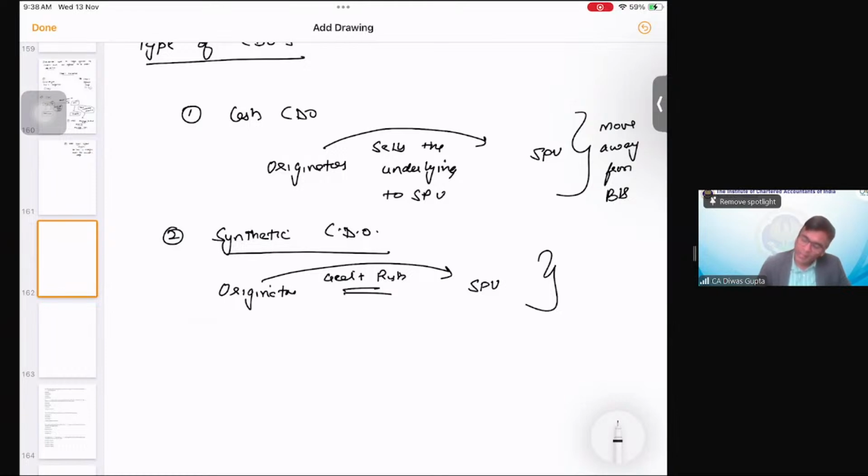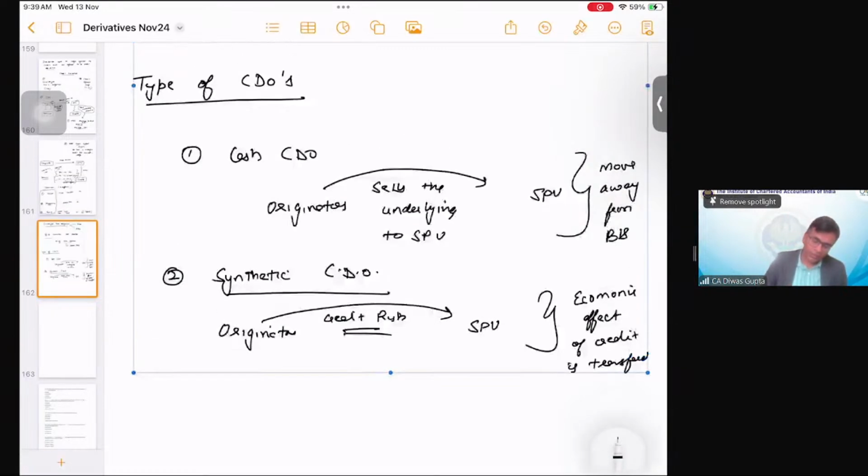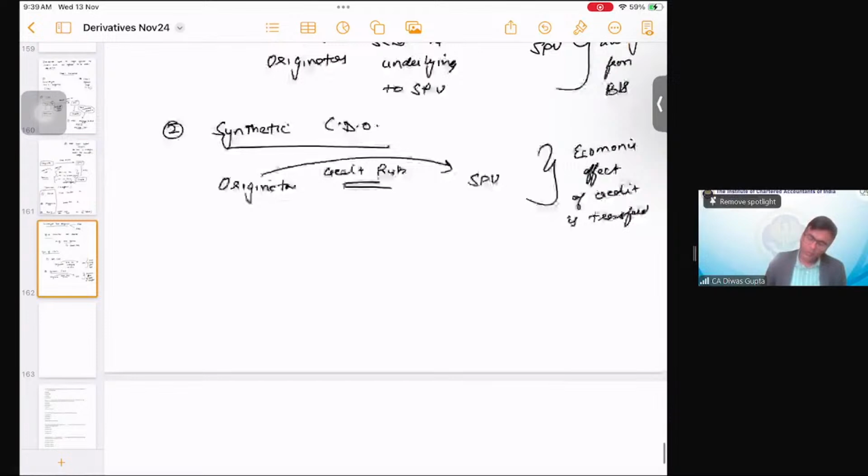However, only the economic effect of credit is transferred to the SPV. Clear? Any questions, students?